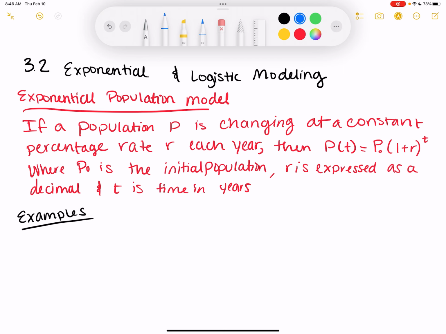All right, so we're going to look at some examples. We're going to tell whether the function is exponential growth or decay, and then find the constant percentage rate of growth or decay.